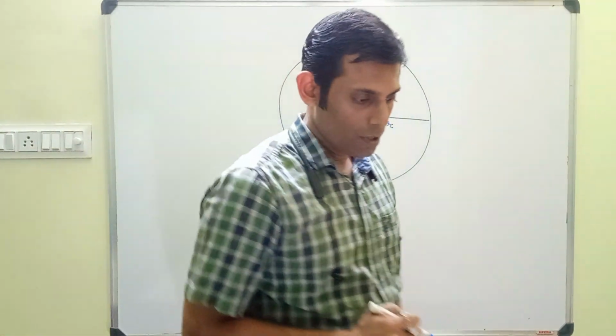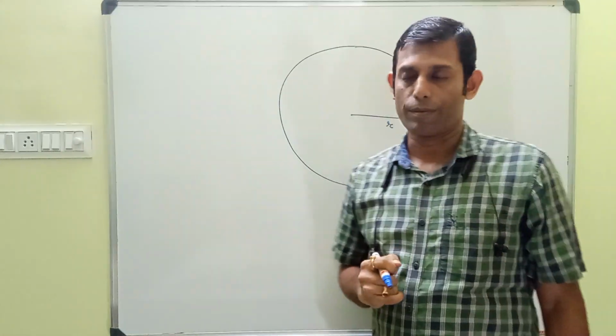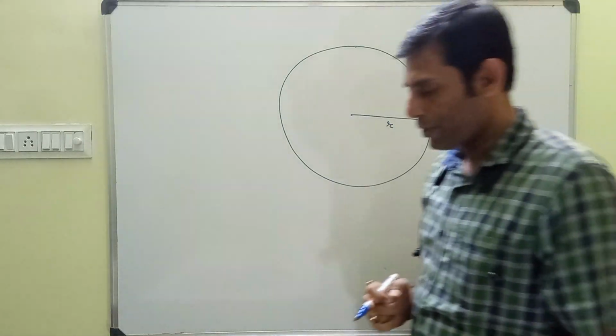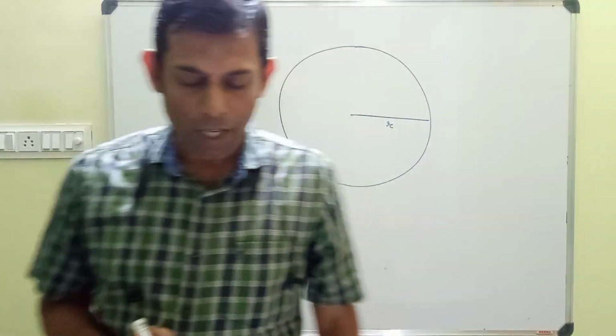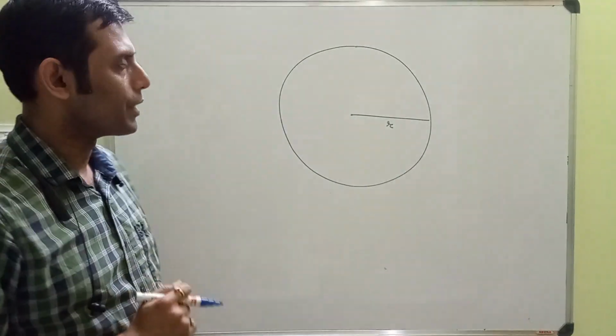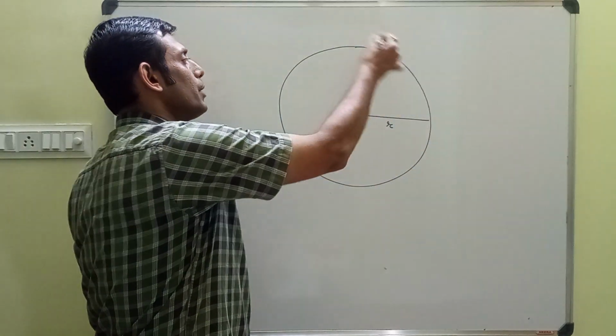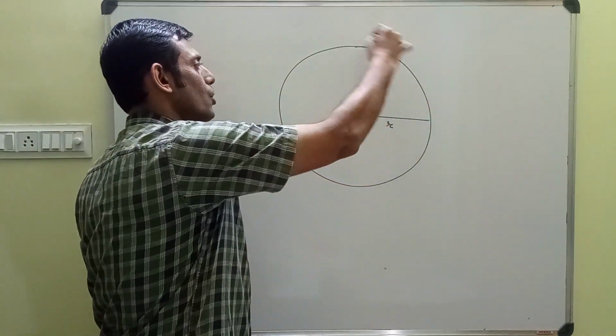Aryabhat, the legendary Indian mathematician and astronomer, gave a very simple idea about how to calculate the length of the circumference of the circle.